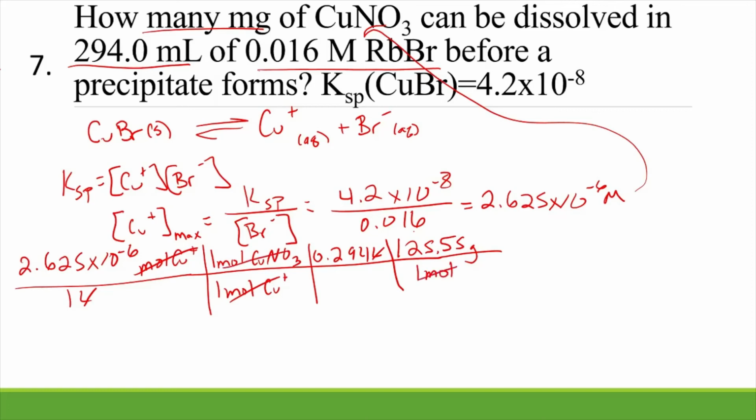So moles cancel. And then lastly, 1,000 milligrams for 1 gram. That gives us 0.0969 milligrams. It's really not a lot, is it? So teeny tiny bit before we start getting a precipitate.